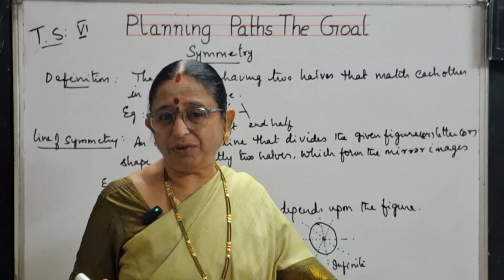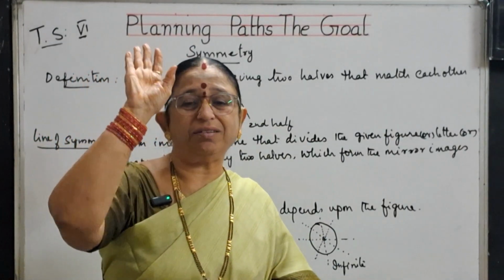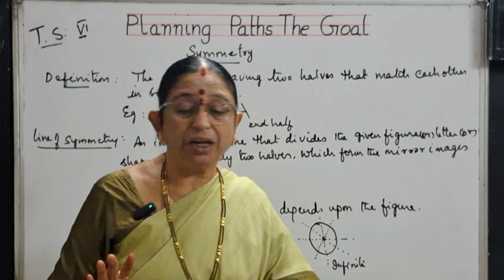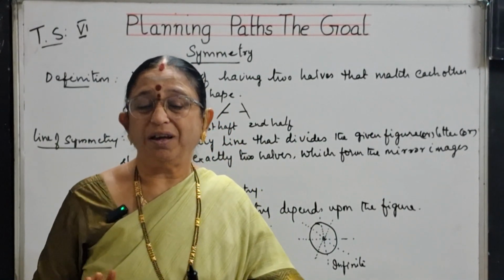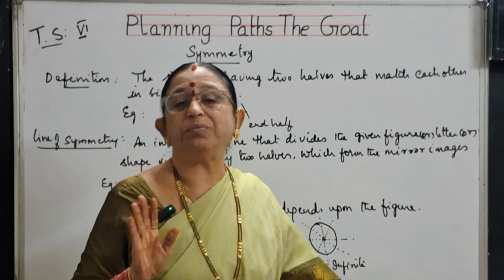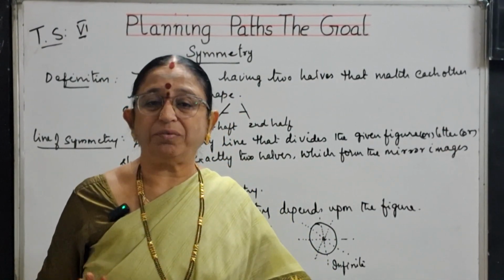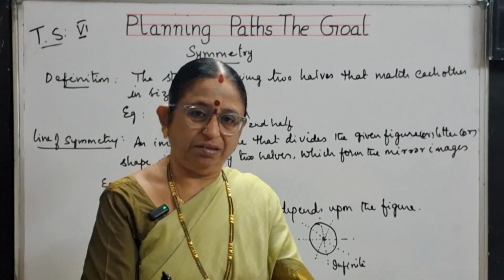See, if you stand in front of the mirror and raise your right hand, you feel that it is left hand, but is it changing the shape? It will not change. Your structure will be as it is, but only the thing, right becomes left, left becomes right. Those are called mirror images, means exactly same but in other direction.